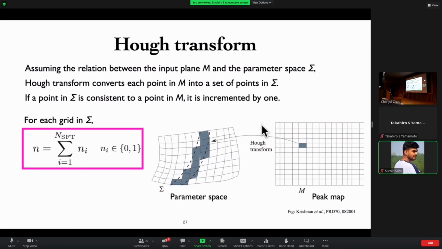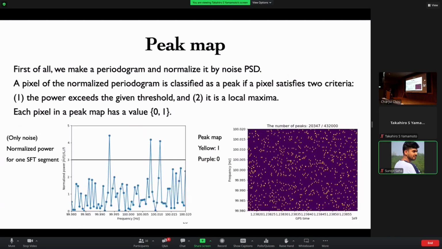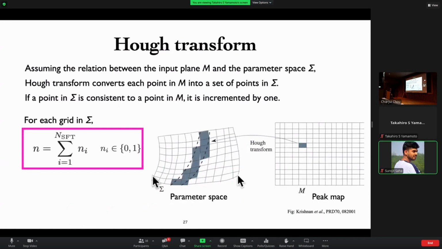If a point in parameter space is consistent with a peak in the peak map, then the value will be incremented by 1. And carrying this out for each peak in this peak map, we get the statistics in the parameter space.